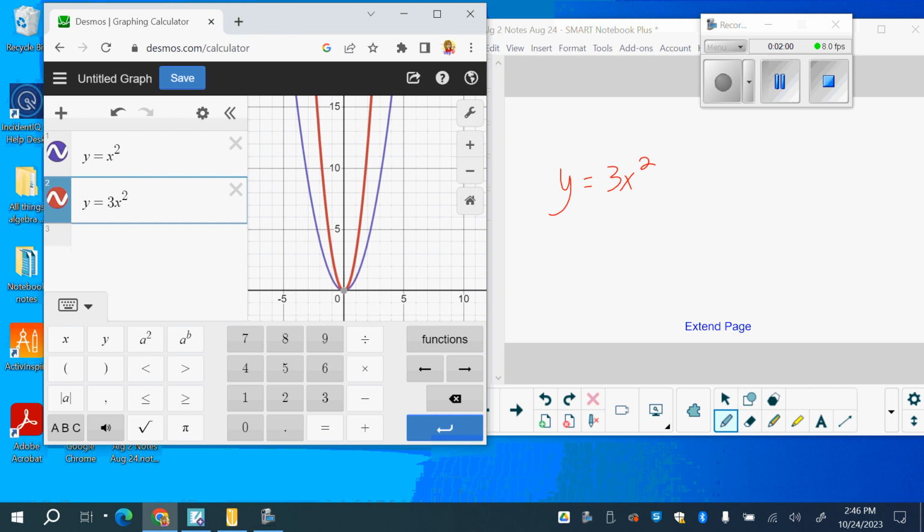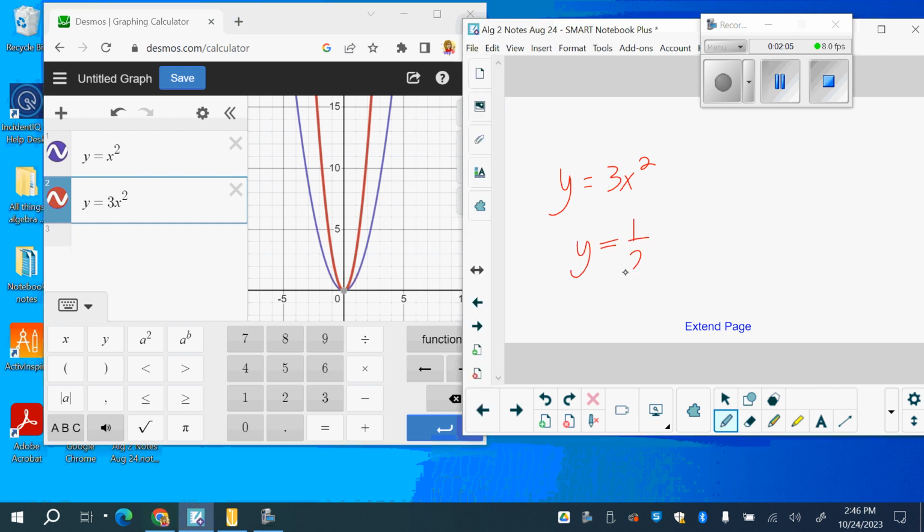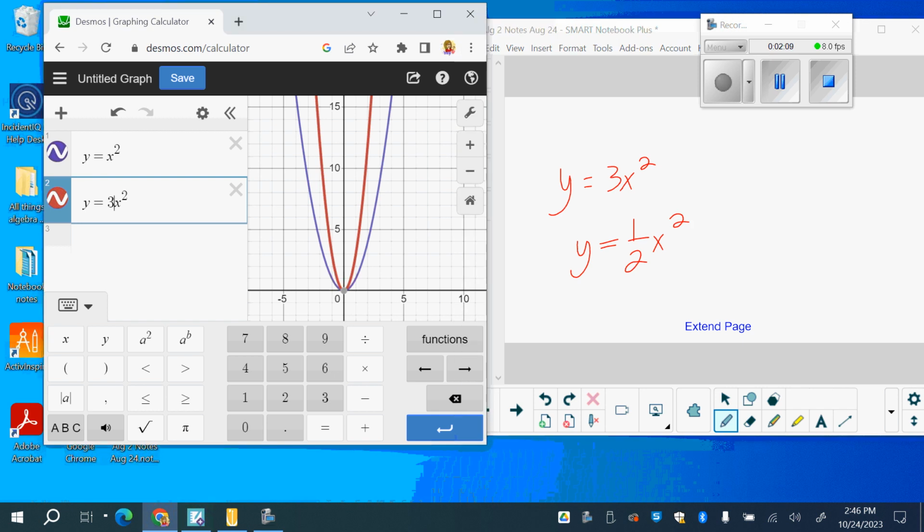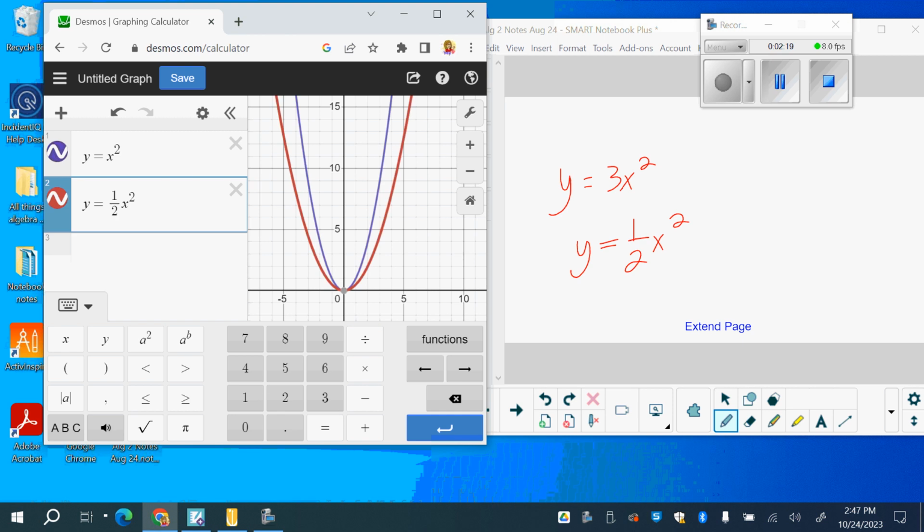So what if instead of a 3, I put 1/2 x squared? What do you think is going to happen there? Think about what you think it would do. And it is the red one. The blue is y equals x squared, and it is wider.